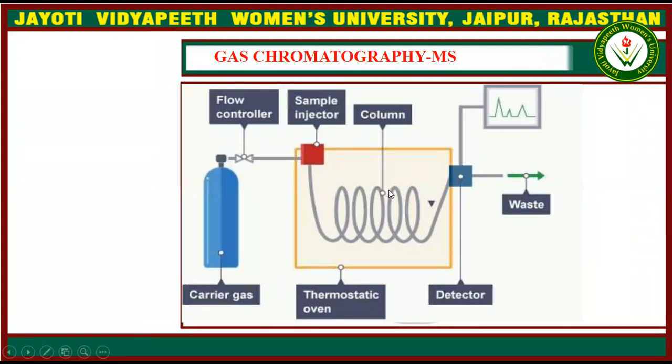It has a temperature up to 300 degrees centigrade. The particles which have a lower boiling point will be evaporated earlier, and they will move to the detector earlier, and the particles which have a higher boiling point, meaning higher molecular weight, will be detected in the detector with higher time.